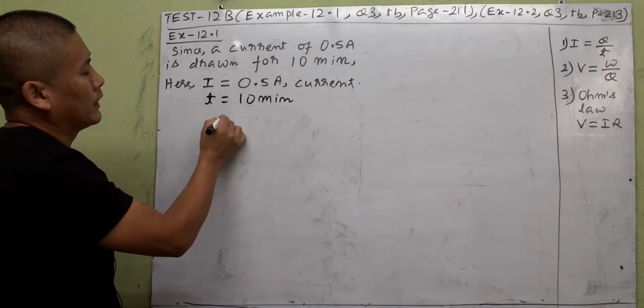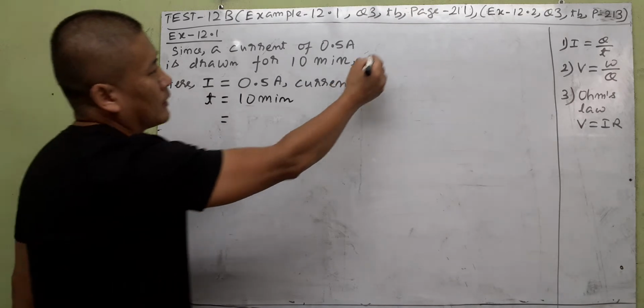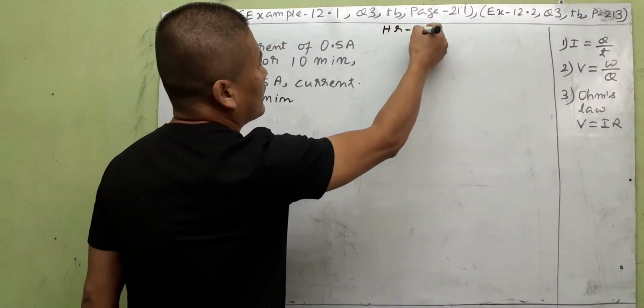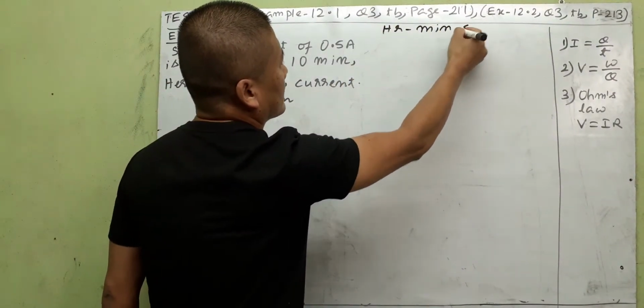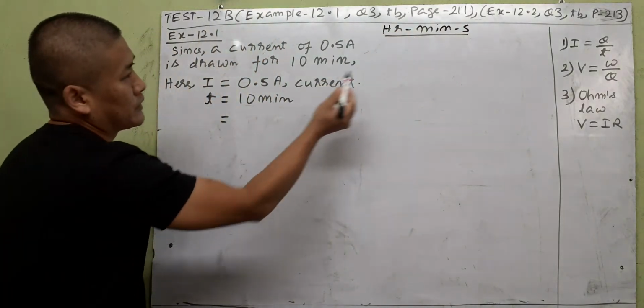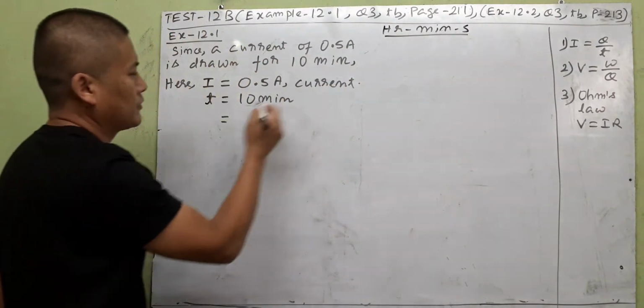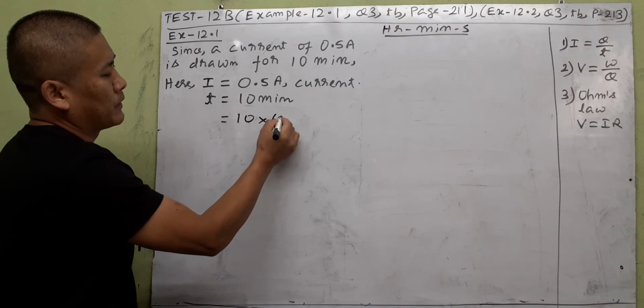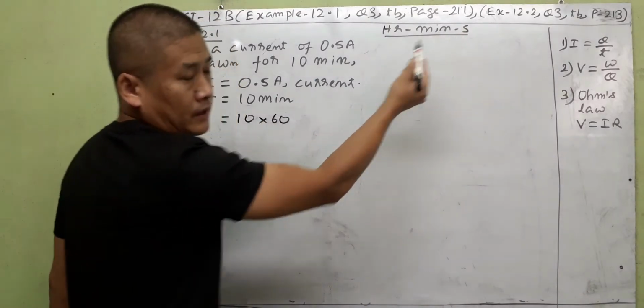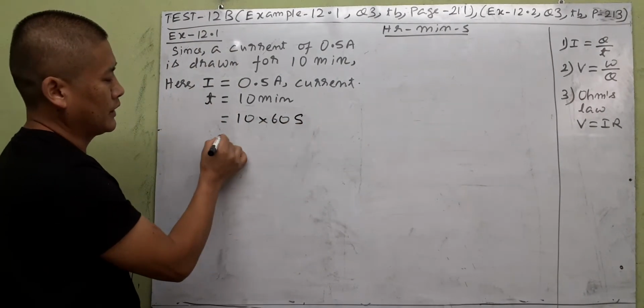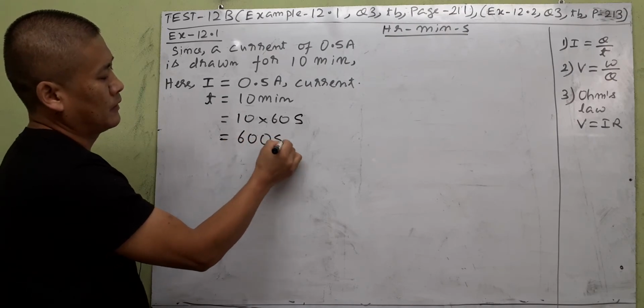The SI unit for time is seconds, so you're going to change minute to second, multiplying by 60, because 1 minute is 60 seconds. So this is 600 seconds.